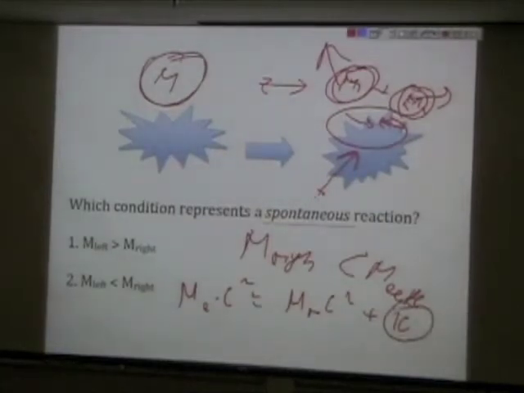So if we could find elements for which this mass difference is actually large, that means we could get a lot of kinetic energy from each reaction like that. And that's what is happening in atomic plants.